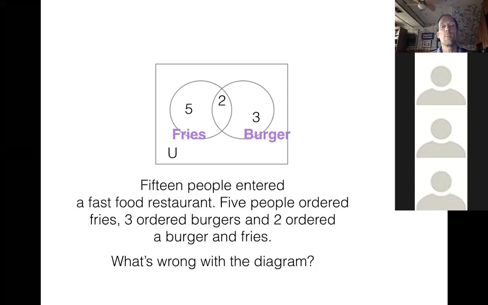Now, if you look at the numbers in the circle, what do they add up to? 10. Right, 10. So what it's telling you is that we still have to account for other people, probably people that did not order fries or burgers. They ordered something else. So the extra element we needed was 5 extra people in the universal space that we didn't account for. That would be what's wrong with the diagram.